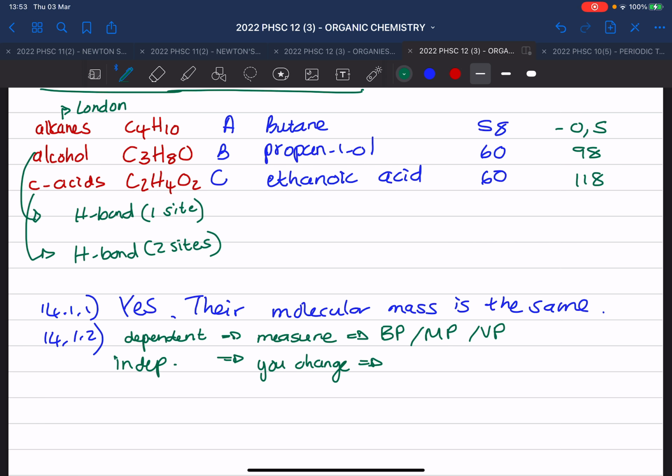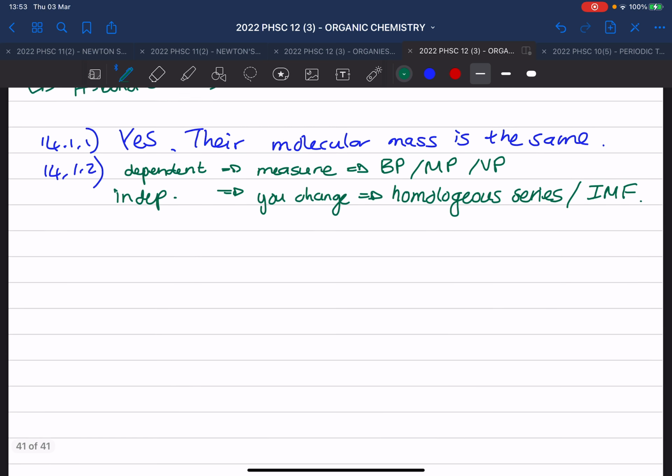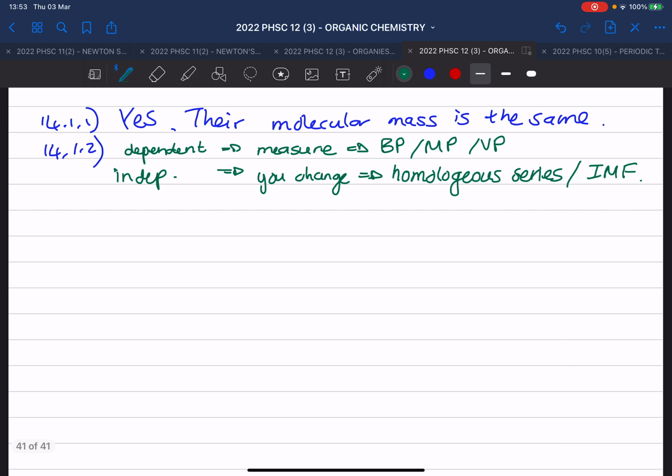So here, the thing that we change is the homologous series or the type of intermolecular force. Okay, so there it can also be, sometimes we change the length of the molecule. Sometimes we say side chain or no side chain.